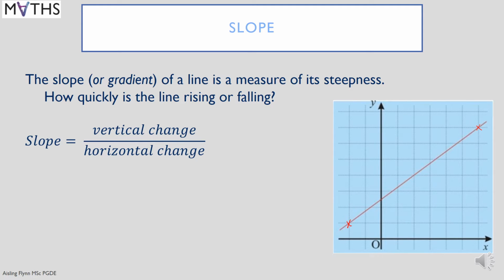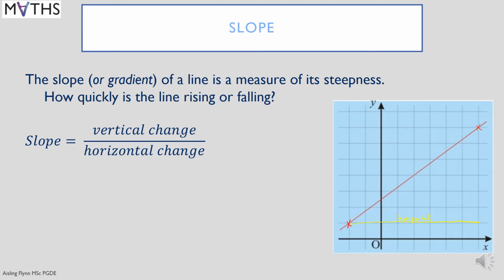Okay, so let's run horizontally. So I'm using this yellow line here to run horizontally from the first point, and we always work from left to right until I'm directly under the second point. And this is my horizontal change.